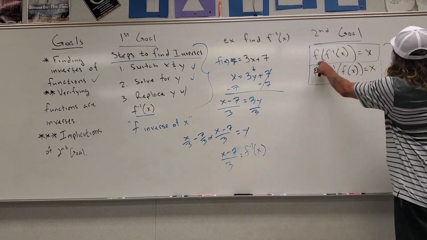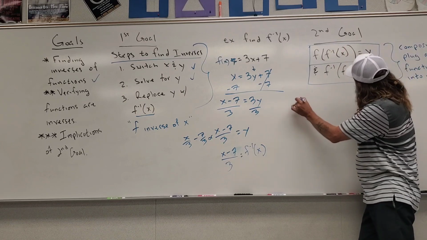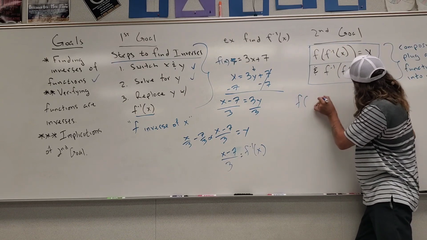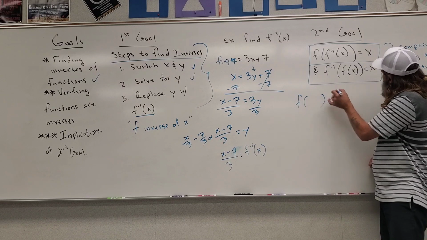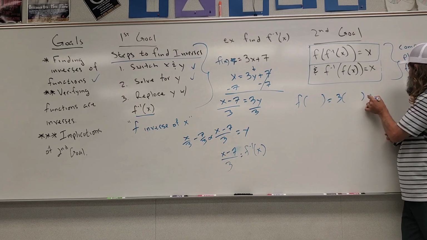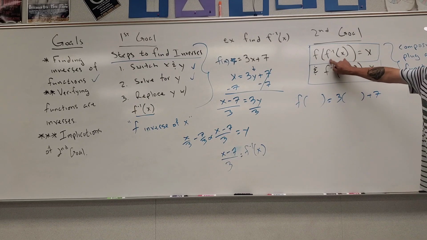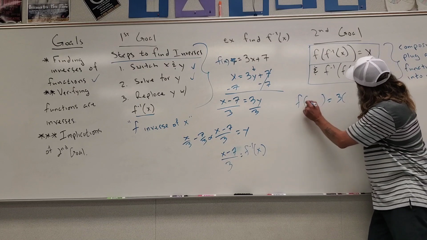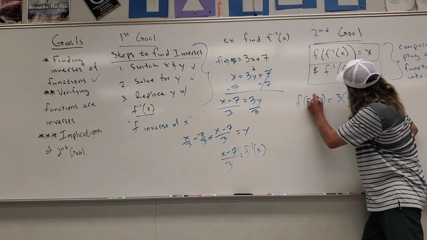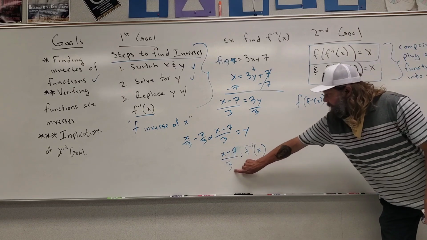We're talking about our original function. So if I have my f of x, but I'm not going to write x, I'm just going to leave it blank, and I'm going to leave this blank. So I'm telling you to plug in your inverse function. On the left side, I'll plug in the notation for the inverse function, and then on the right side, I'll actually plug in the inverse function.